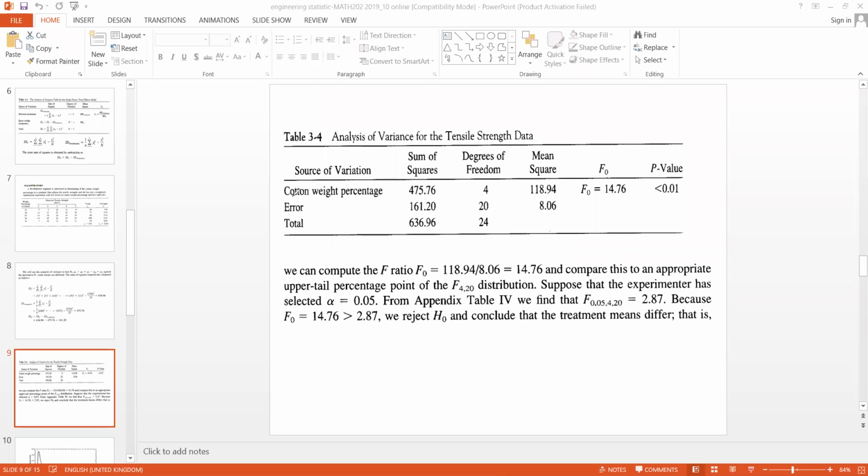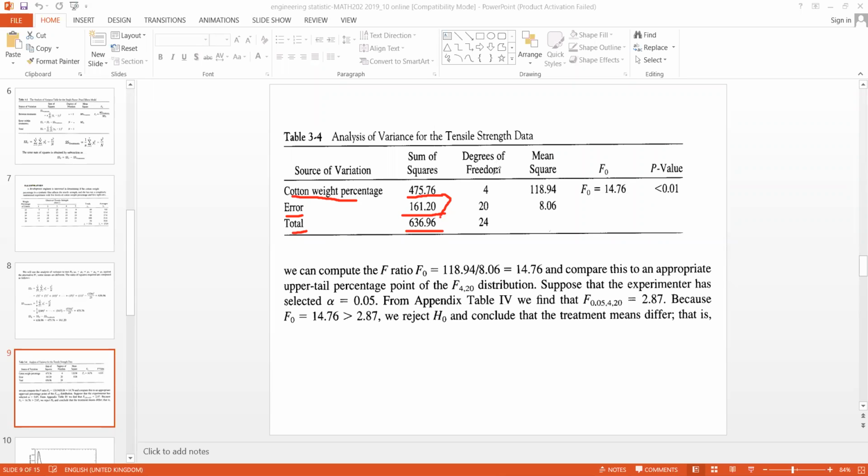So the source of variation is the cotton weight percent. That is the treatment. Then the error comes in, and then we have the total. Then the next thing is you look at the sum of squares we just calculated. For the treatment, we had 475. For the total, we have 636, and then error is 163. If you add them, this plus this should give you the total.